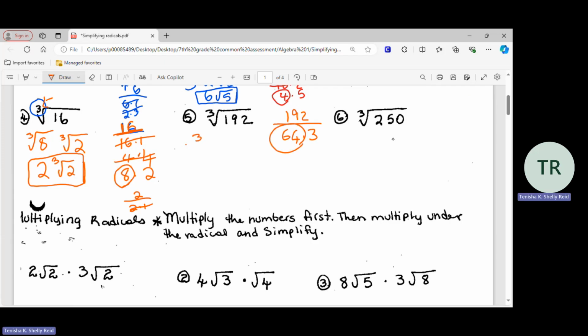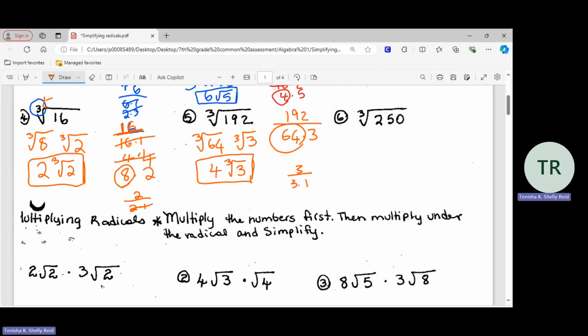And so I have the cubed root of 64 times the cubed root of 3. And then cubed root of 64 is 4. And the cubed root of 3, I cannot do. Let's see. 3, oops, just 3 and 1. And that's not a perfect cube. So then it's the cubed root of 3. And that's my final answer.